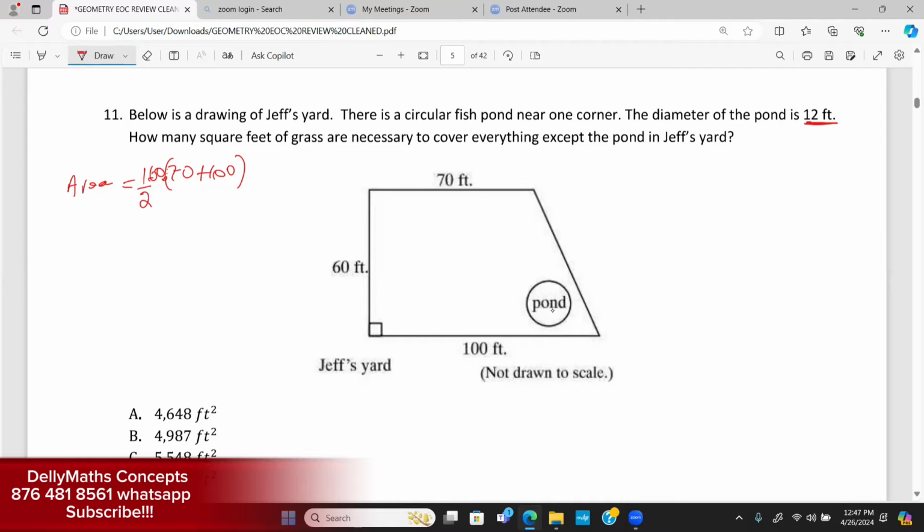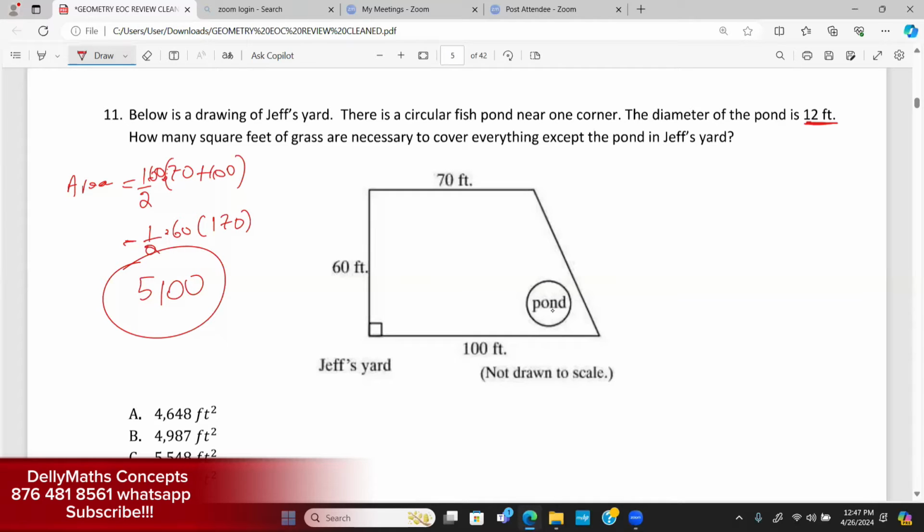This is 170 right here. So all I have to do is put this together: 60 times 170, divide that by 2. And it's going to give us about 5,100 here.